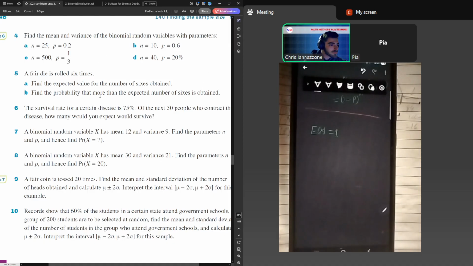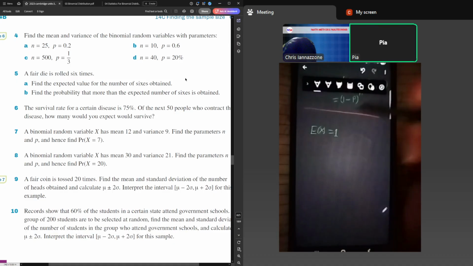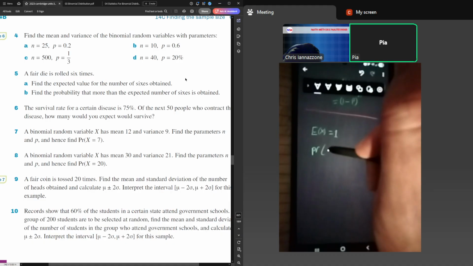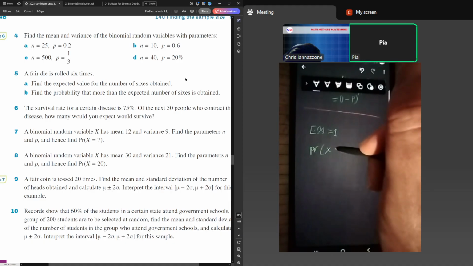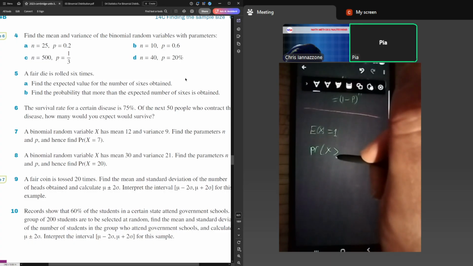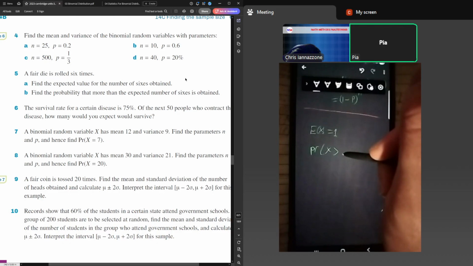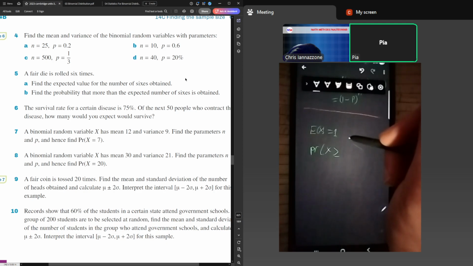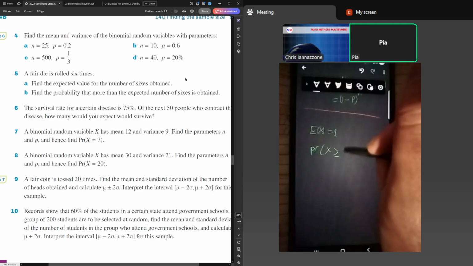Probability that more than the expected number of 6s is obtained. Any thoughts on how? Would it be probability X is greater than or equal to 1?